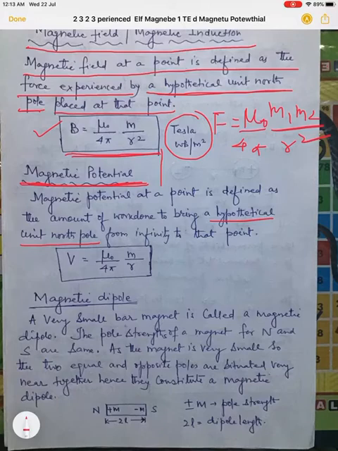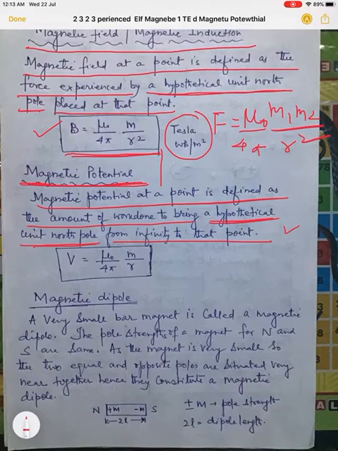So we can define magnetic potential: magnetic potential at a point is defined as the amount of work done to bring a hypothetical unit north pole from infinity to that point. So we can write V is equal to mu naught by 4 pi m upon r. So the definitions of magnetic field and magnetic potential are very similar to electric field and electric potential.